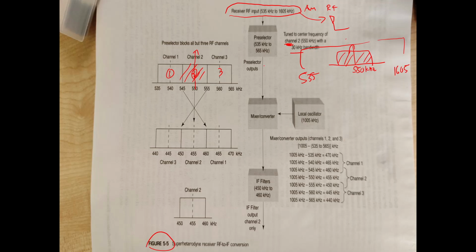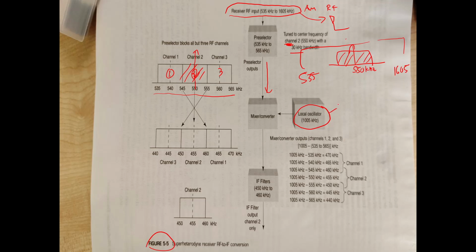So next it goes through the mixer converter section. The mixer converter will down convert the frequency into the intermediate frequency, and to do this it mixes with the local oscillator frequency. The local oscillator frequency is 1005 kilohertz, which is larger than the RF frequency band.